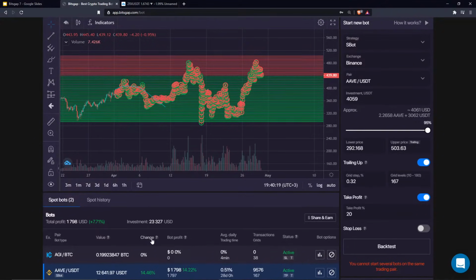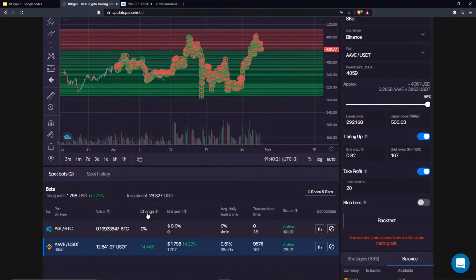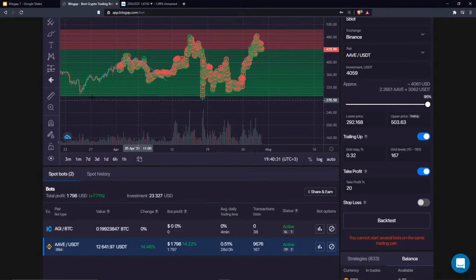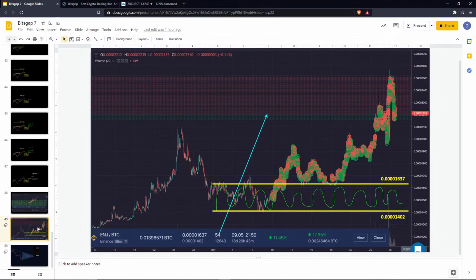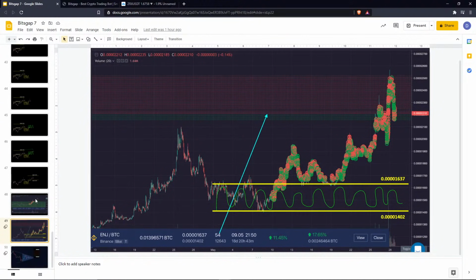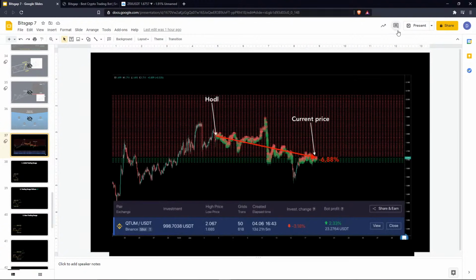So in this case, we now come closer to the change. So the change column, it takes into account the bot profit, so the profit generated on each of these market swings, and also takes into account how the value of the base currency has either appreciated or depreciated. Okay, so for example, let me show you something. And I hope I have it here. Yeah, so here's one.